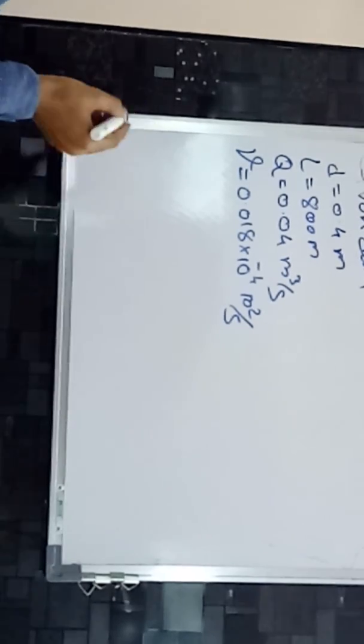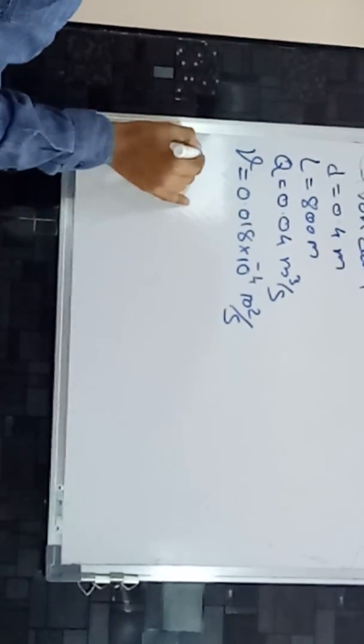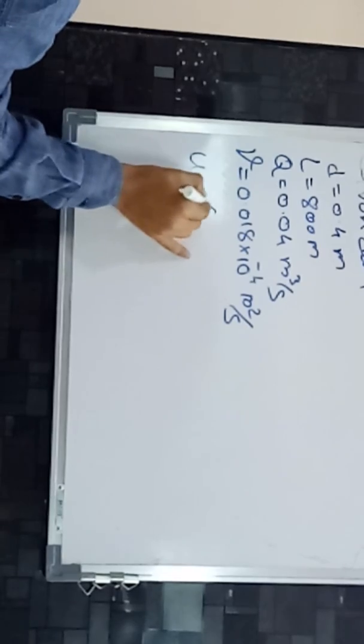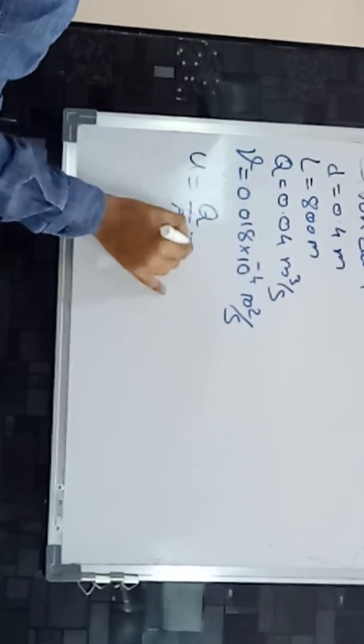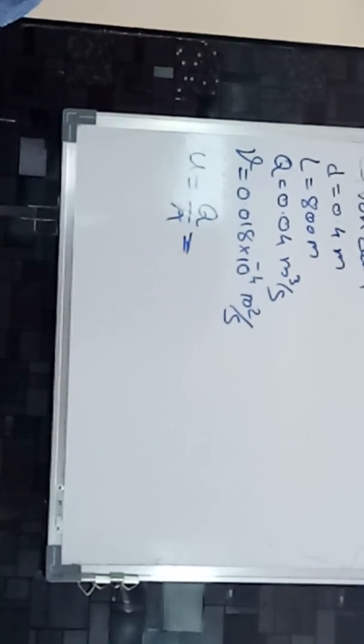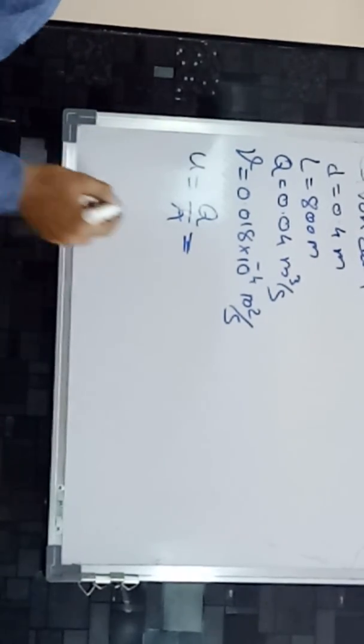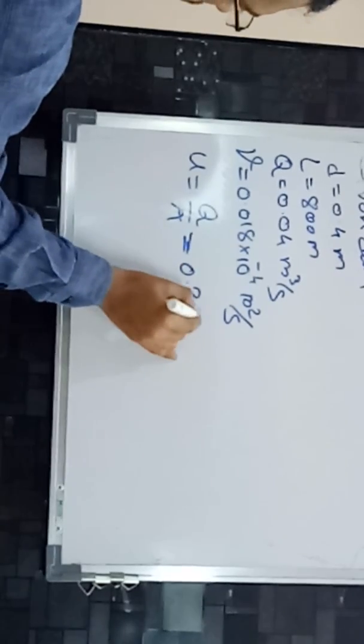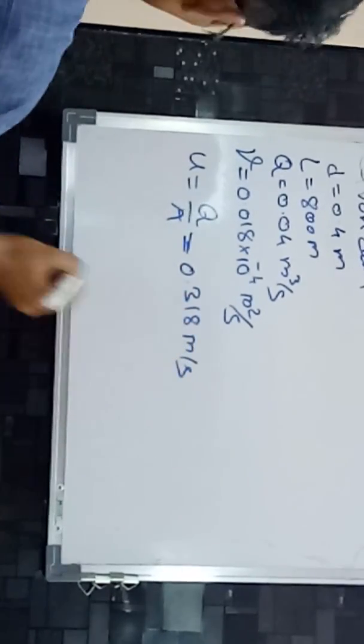Okay, so first we'll calculate average velocity, U equal to Q divided by area, you know that, pi by 4 into D square. Okay, so it will come 0.318 meter per second.